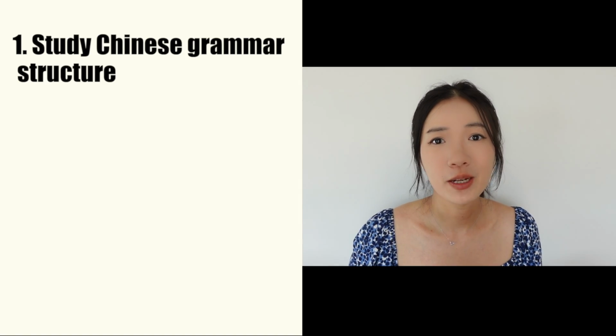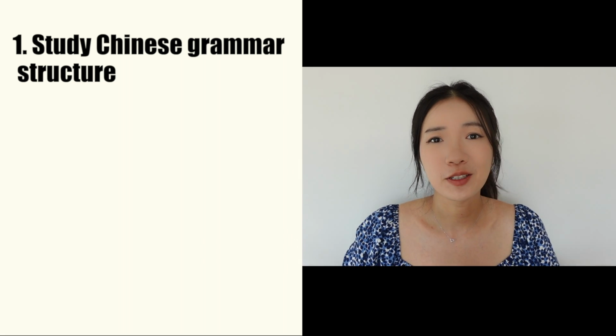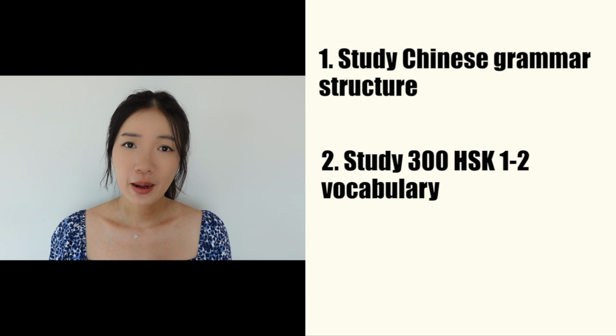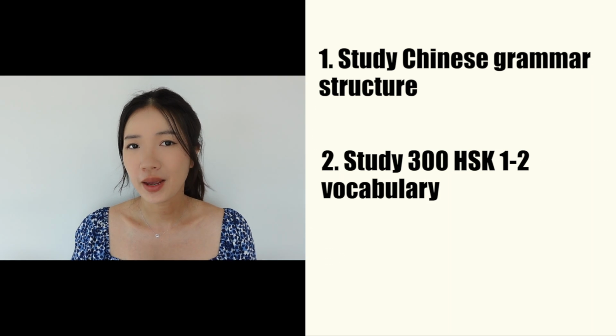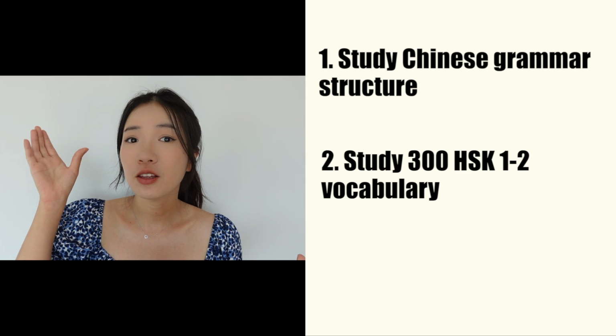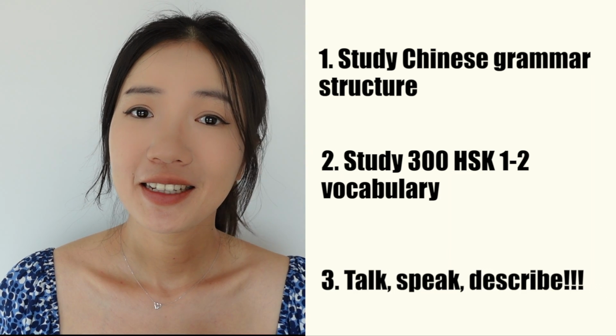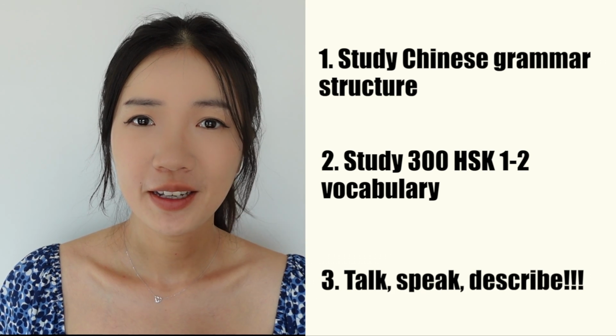Get familiar with the basic Chinese grammar structure, which only takes about 2 to 4 weeks. Step 2. Study 300 basic words and create much more by combining the new knowledge with the old. Step 3. Talk, speak, and describe, even just with yourself. And you can get past the beginner's level much faster than you think.